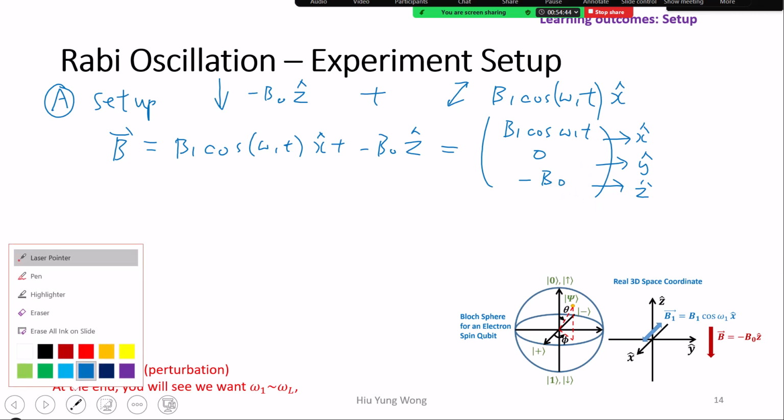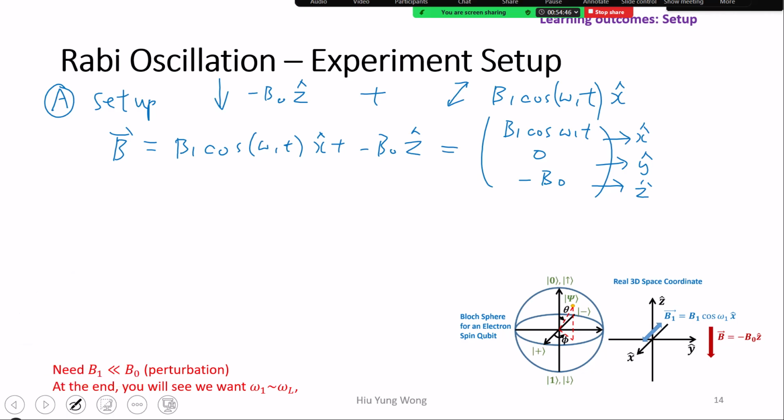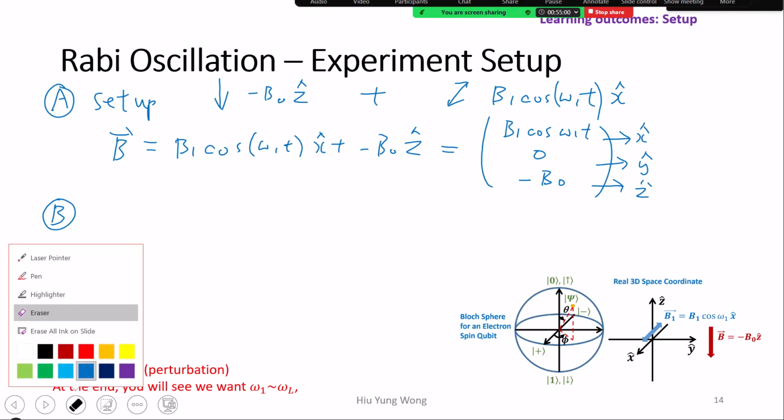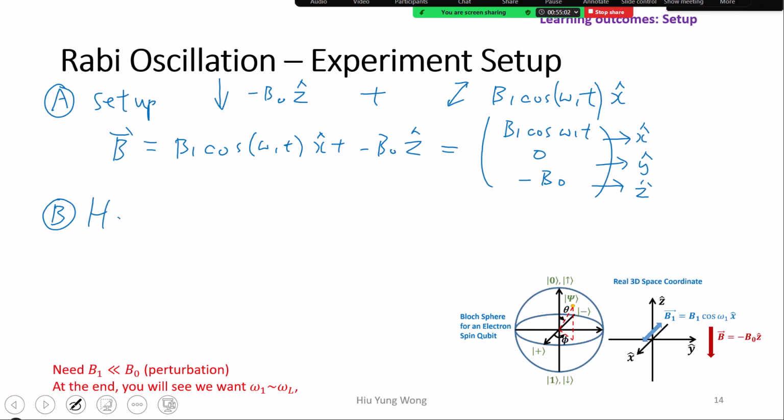Okay. Then what will we do after that? We set up the Hamiltonian, then I will be able to solve the Schrödinger equation. So I say, okay, the Hamiltonian is what?